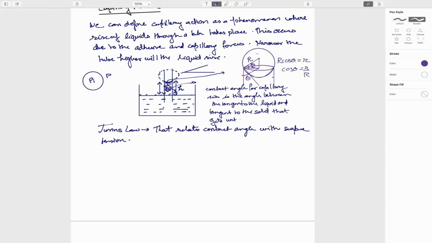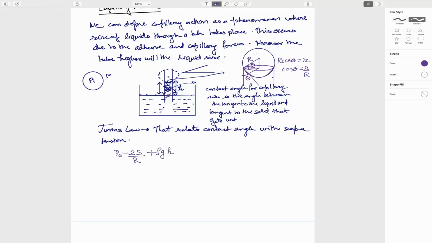Now let's find out the pressure at this point. So pressure here is P naught plus some extra pressure due to the surface tension, and because this meniscus is curved like this, that is P naught minus 2s by R, so pressure here is higher, so that is negative, plus rho g h.